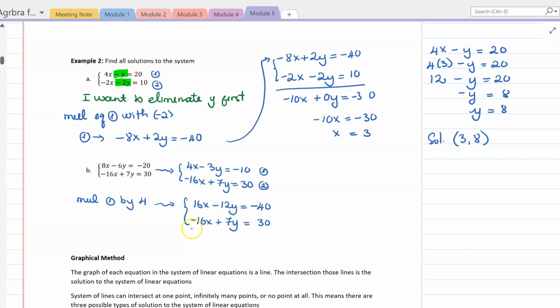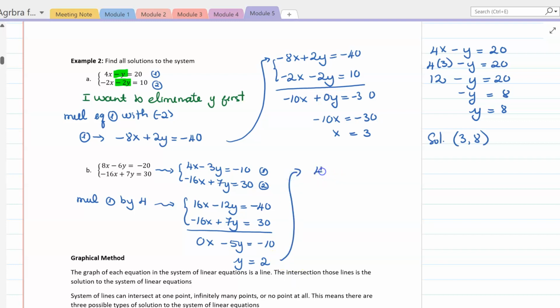Now if I add these together, I get 0x minus 5y equals negative 10, so y equals 2. Now that I have y, I can plug it into either equation 1 or 2 to solve for x.